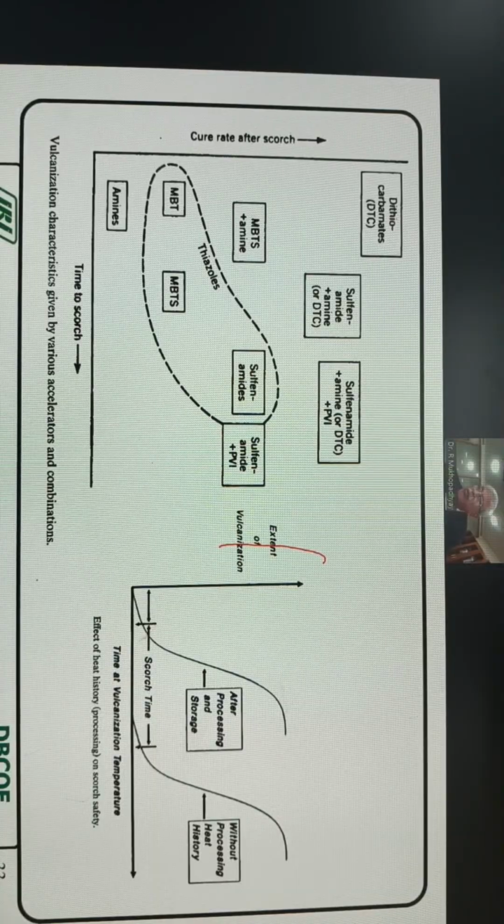Because when you make the compound, you know all these values of scorch safety, viscosity, etc. After the processing, the extrusion, calendering, building, what residual safety is left is very, very important for the complete flow inside the mold. Sometimes defects in molding occur because the residual safety is not sufficient enough. Sometimes they have to look into the type of equipment or temperature generation, the type of processing equipment you have, and what is the heat history of the compound. So this data is also required to avoid defective products.